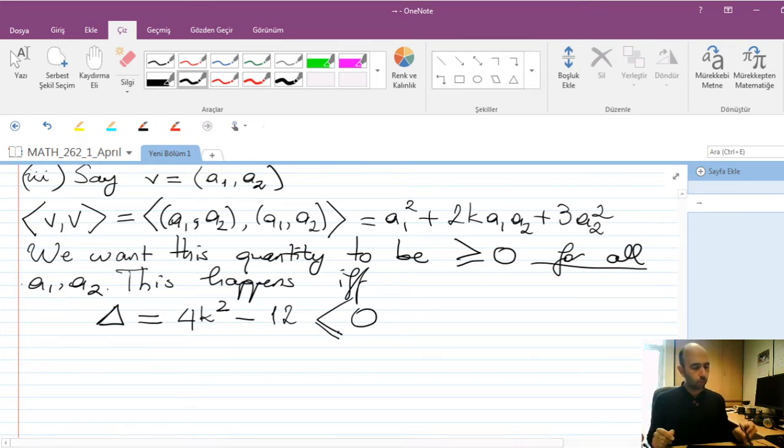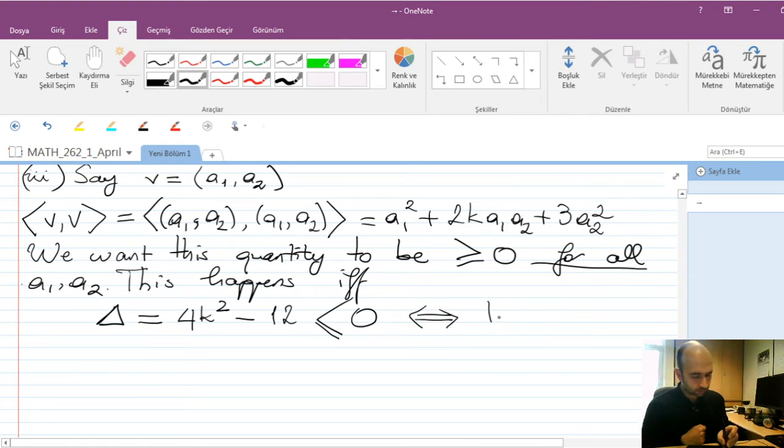Now, why is this true? Let me repeat. The coefficients of a1 squared and a2 squared are positive, so this is like a parabola with arms going up, and it's not going to cross the axis precisely if the discriminant is negative. If the discriminant is equal to 0, it could touch the axis and go back. We'll think about that.